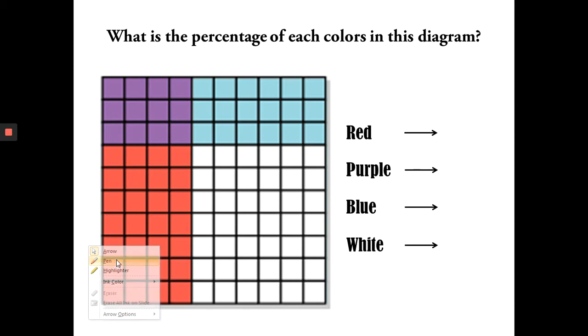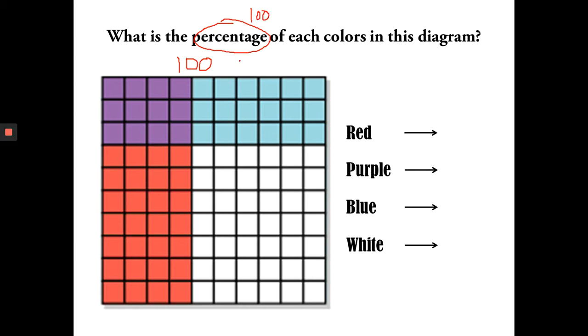How many squares? This square is divided into 100. Why do we always discuss 100? Because we are in the topic percentage, and again, percent means in every 100. That is why we will be dealing more with 100 in this lesson.